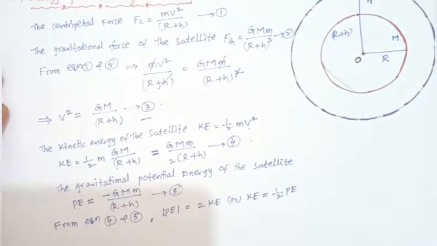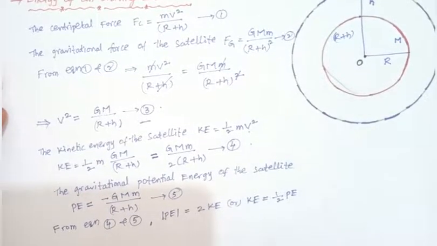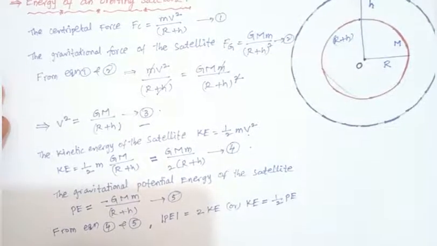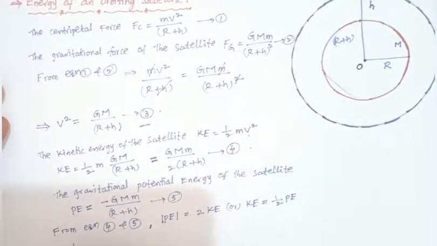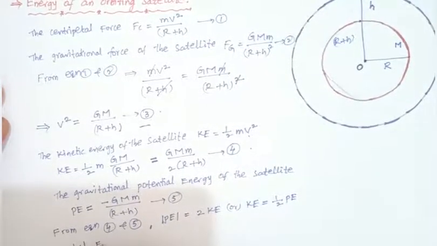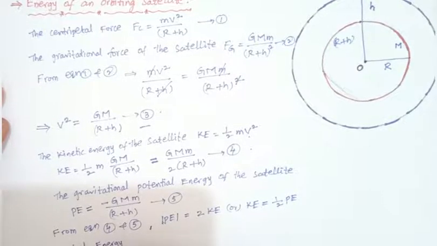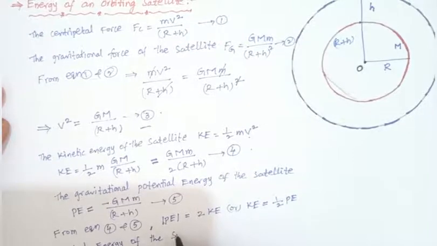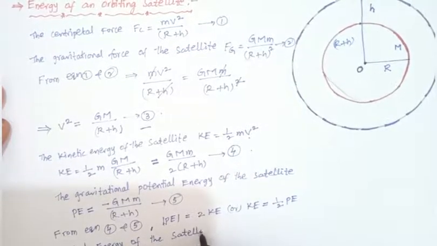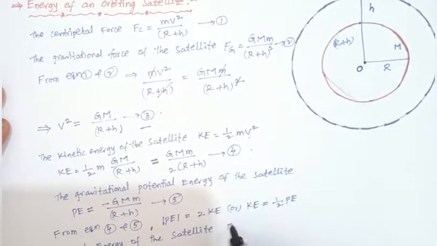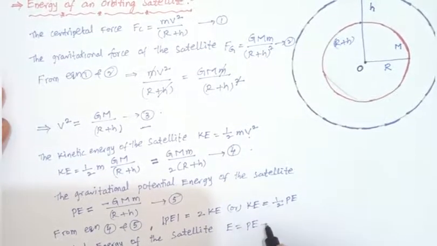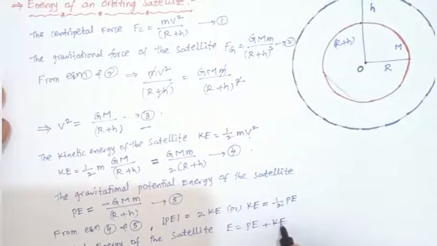Next we consider the total energy of the satellite. Total energy E equals potential energy plus kinetic energy.